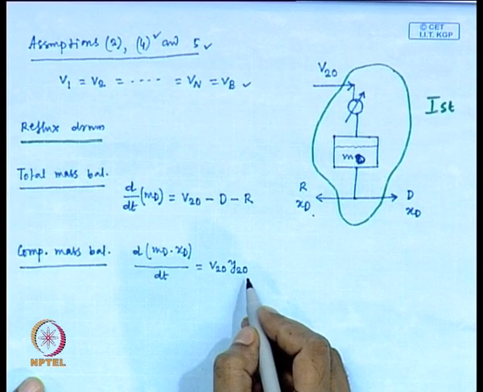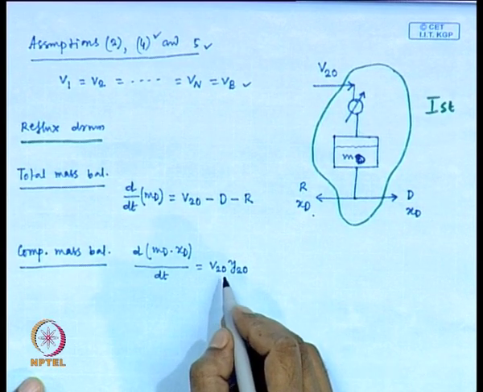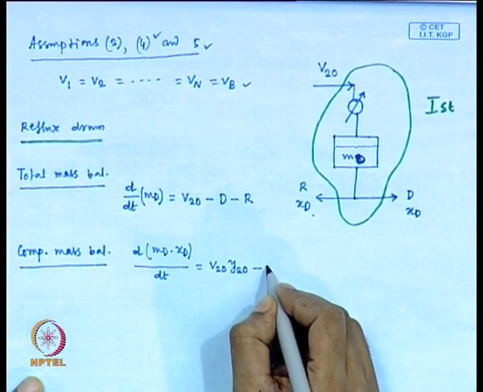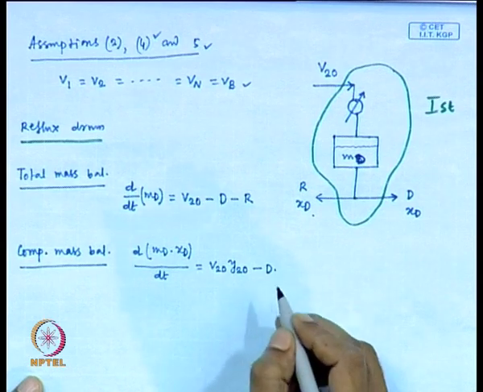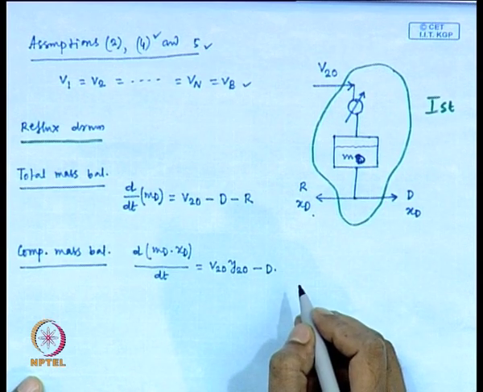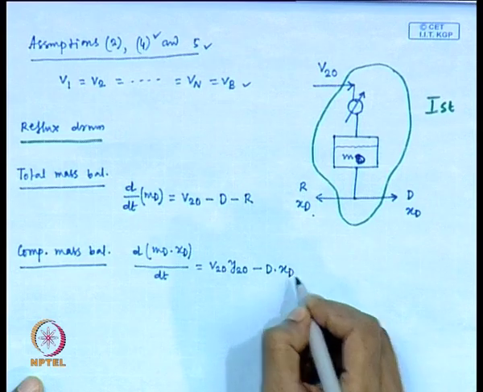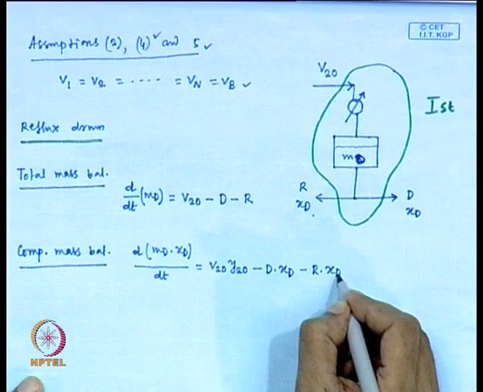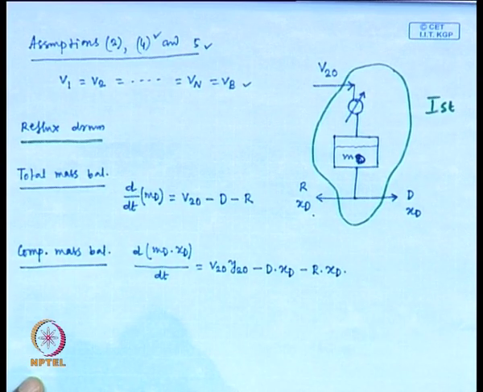Vapor flow rate is V20 and its composition is Y20. Now, D multiplied by the composition of distillate, XD. Similarly, R multiplied by XD, the composition of the reflux stream is XD. So, this is the component mole balance equation, or component mass balance equation.